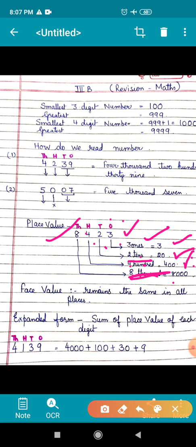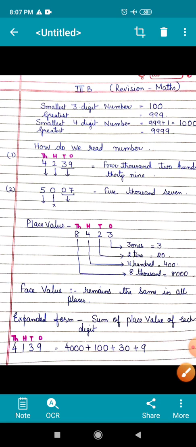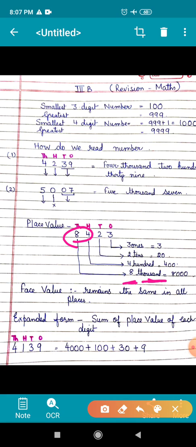Okay, now the next number, that is 8. 8 is on thousands place, so first we will write 8 and the place name thousand, and 8 thousands can be written as 8000.